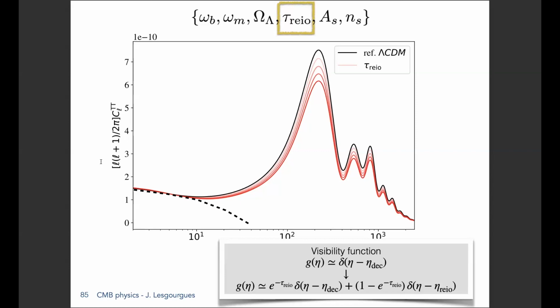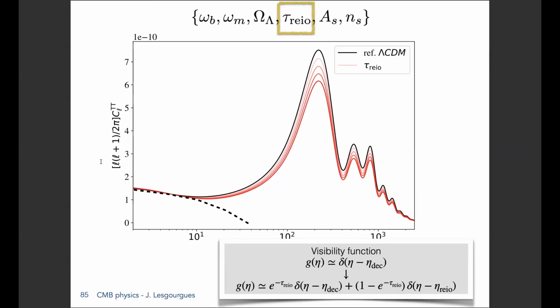Then you can enter into details to justify the shape, etc. And when you sum up the two, there is a kind of coincidence that makes the total of these two equal to the spectrum without reionization. It's not even equal.